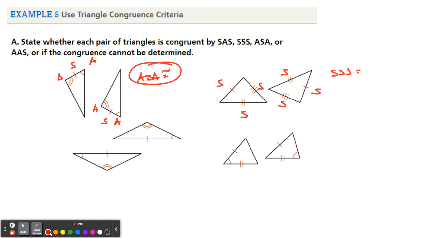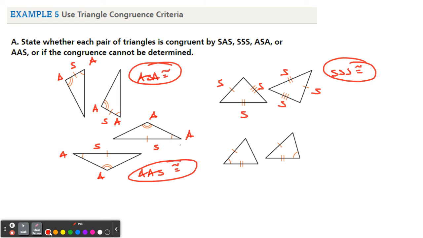This is SSS congruence. Down here, I have an angle and a side that's not included. Down here, I have an angle, and a side that is not included. This is angle, angle, side congruence. So that's good. And then down here, I have a side, I have an angle, and a side. So this would be SAS.